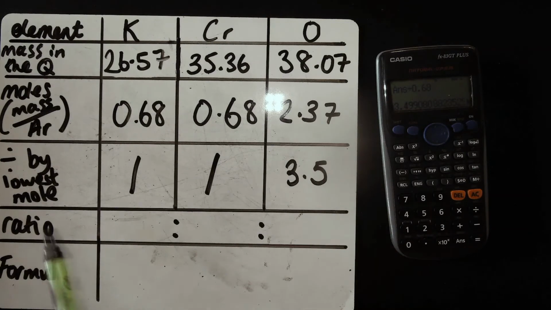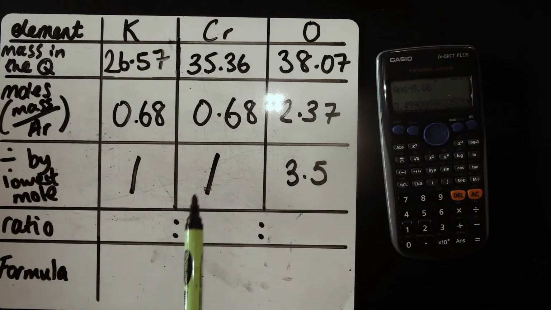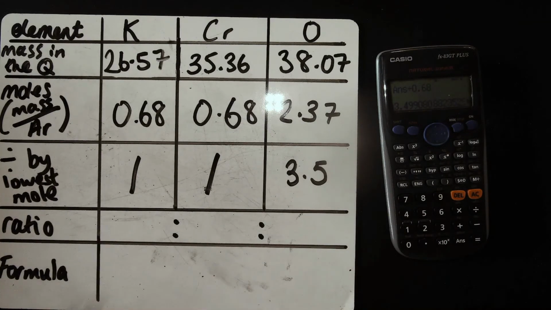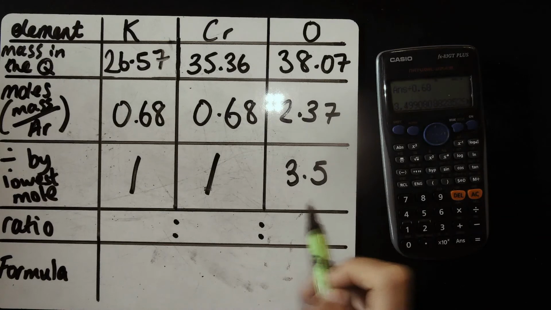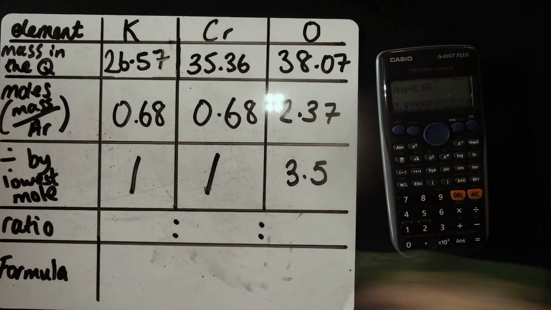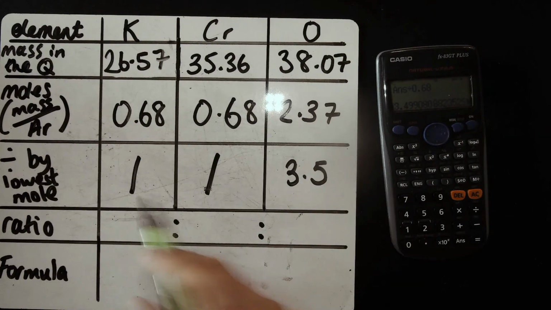Now, these two are fine, but this isn't a whole number. So remember, an empirical formula needs to be the simplest whole number ratio. So the way around this is to multiply each of these numbers by 2, and you'd have whole numbers.